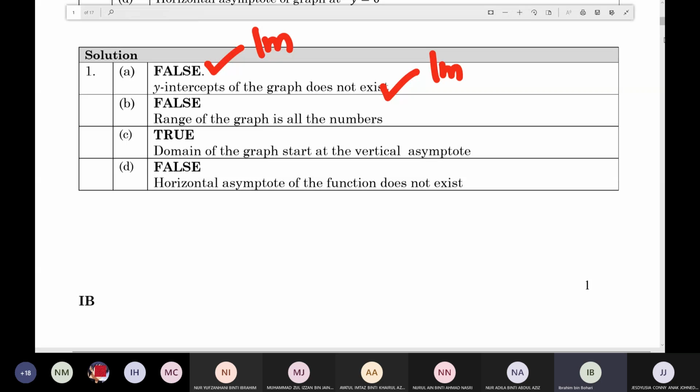Okay, question true or false and state your reason. You punya answer here true or false 1 mark, and correct reason here 1 mark. Maka dia tak banyak, dia ada 2 markah saja. Ya, kita cek jawapan you.